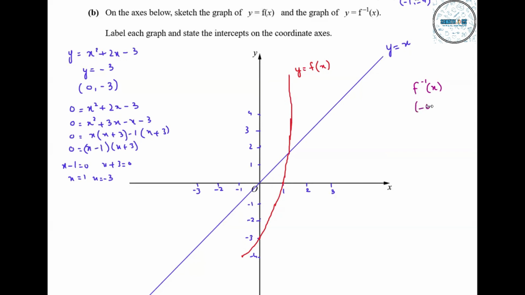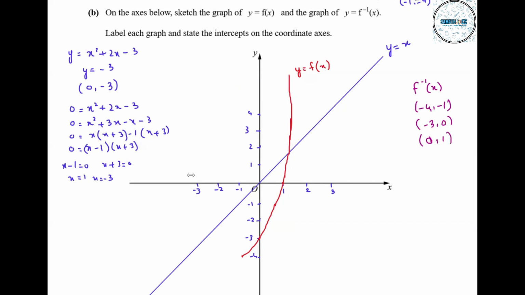So this will become -4, -1. This is 0, -3, so it will become -3, 0. This point is 1, 0. So this will become 0, 1.